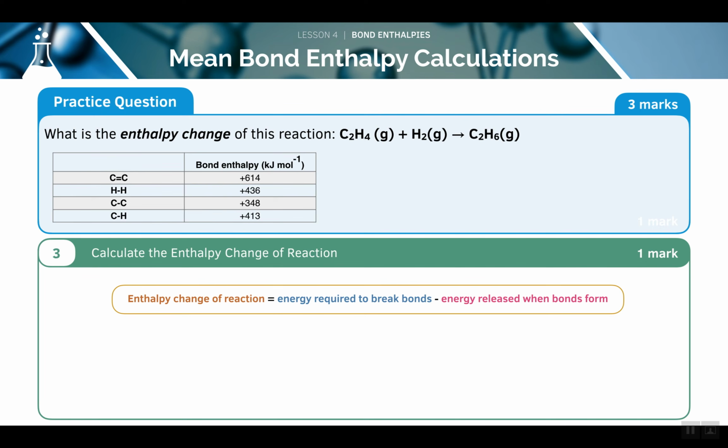So here we can simply put in the numbers. So this will be this minus 1174, leaving us with an answer of minus 124 kilojoules per mole.